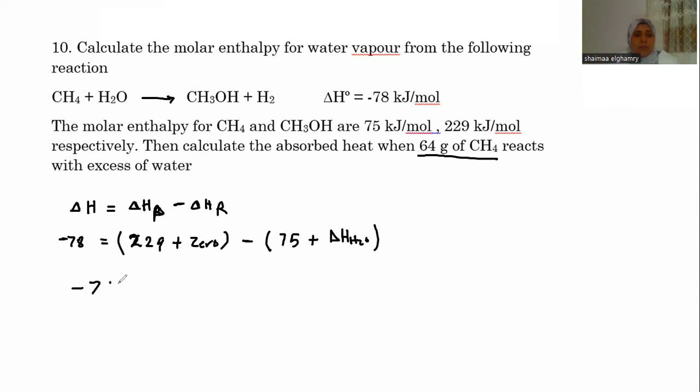Negative 78, negative 229 equals negative 75, negative delta H of water.